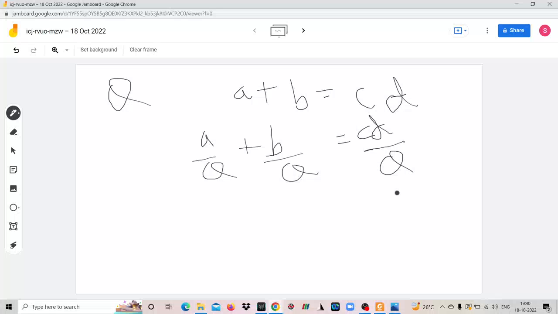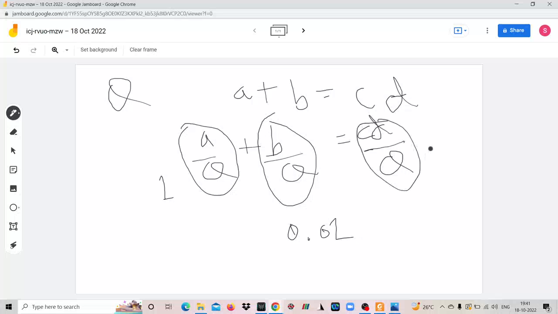Now suppose the value of the first term comes out to be 1, the second comes out to be 0.01, and the third comes out to be around 10.